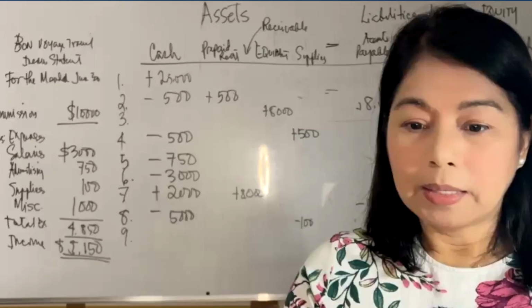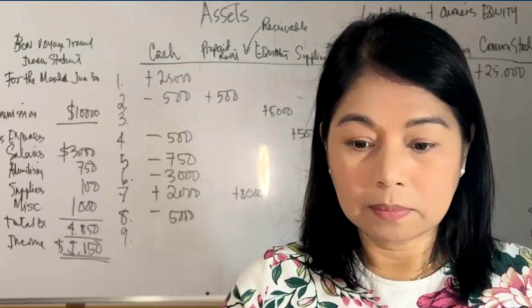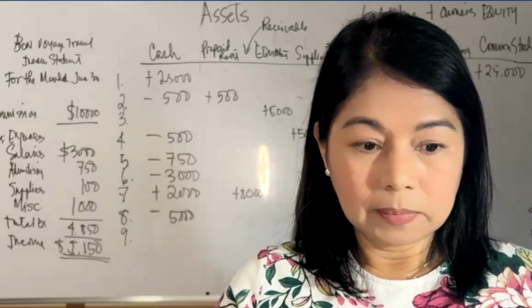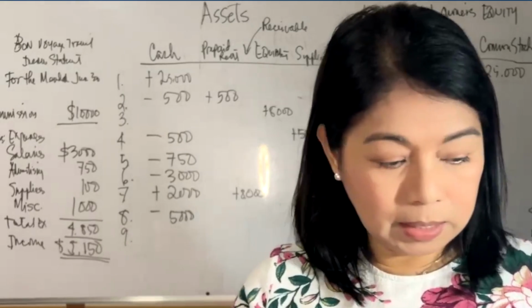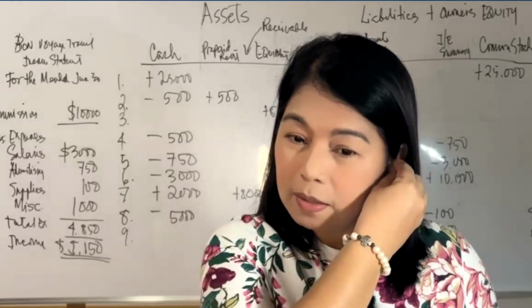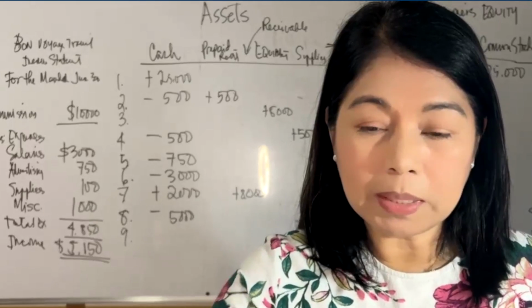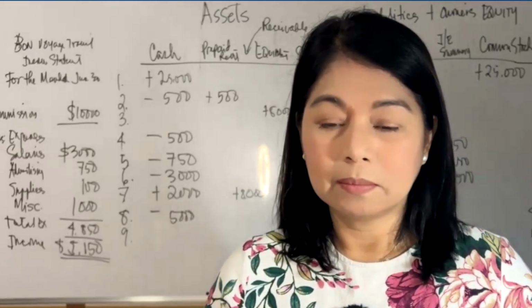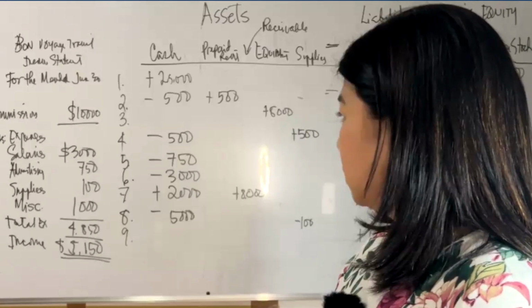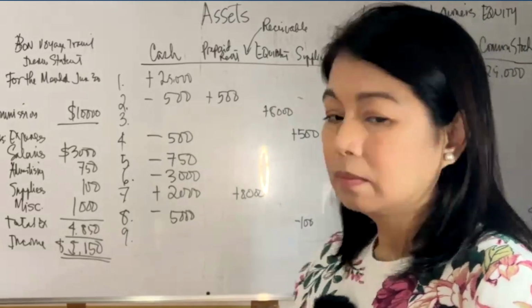Okay. Sure. Yes, any question, Angelica? For the income statement of Bon Voyage, I was just asking if we also need to add the rent of 500, since it was prepaid in cash? Sorry, I can't hear. Can you repeat that?